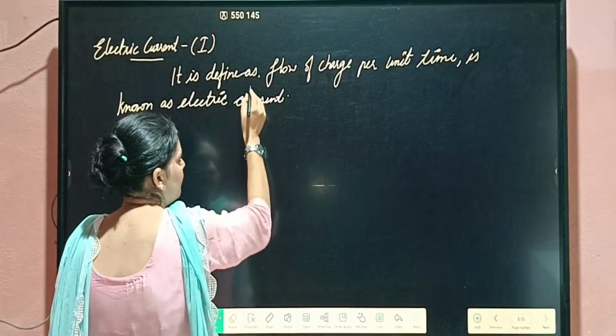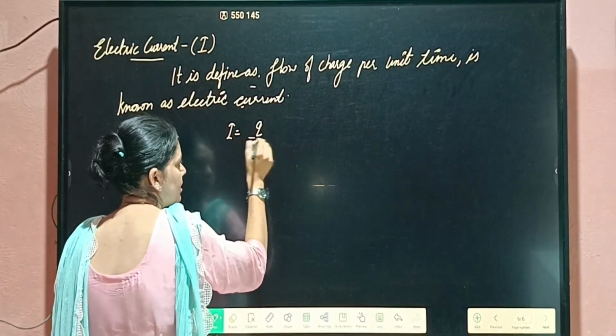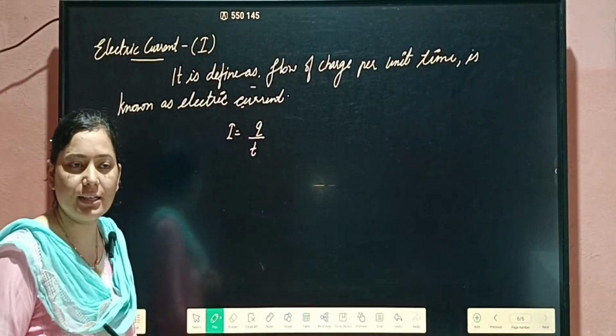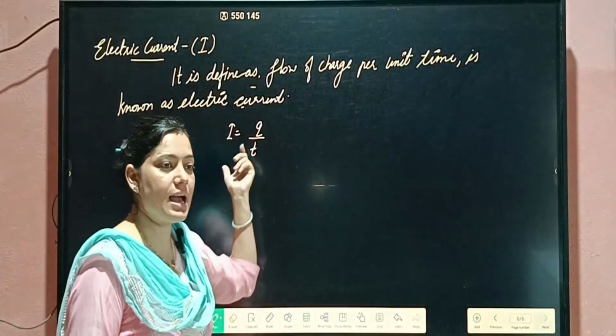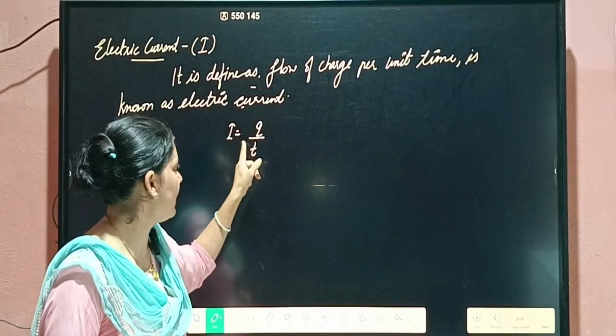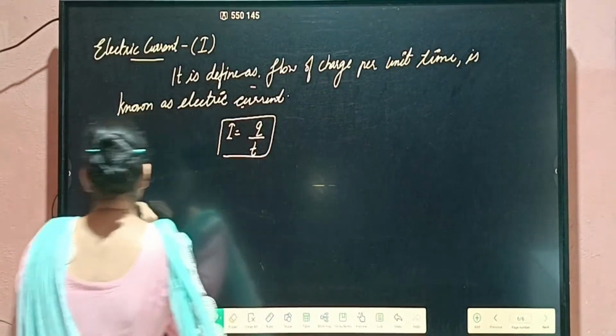So mathematically, we can write I equal to flow of charge Q per unit time, that means divided by time. By using the definition you can say I equal to Q by t. Q is the flow of charge per unit time. So I equal to Q by t. By using this formula we can write its unit also.